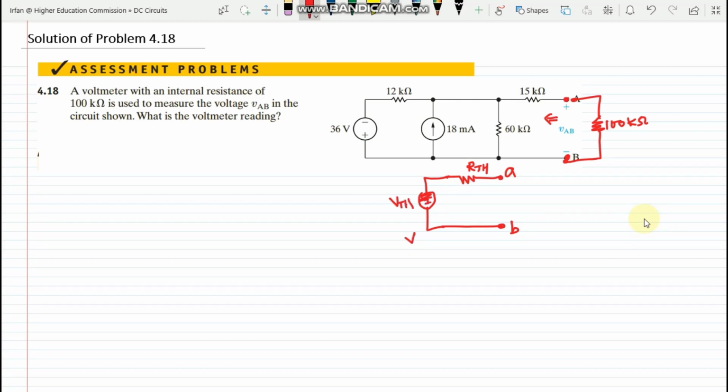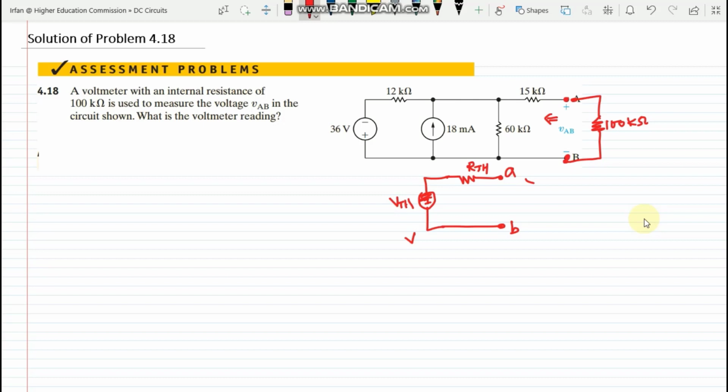This circuit is called the Thevenin's equivalent circuit. This gives us a conceptual overview of what will happen if a 100 kilo ohm voltmeter, or a voltmeter of higher internal resistance, is connected here, and what the effect would be on the voltage reading.